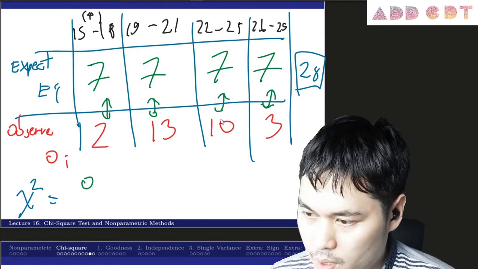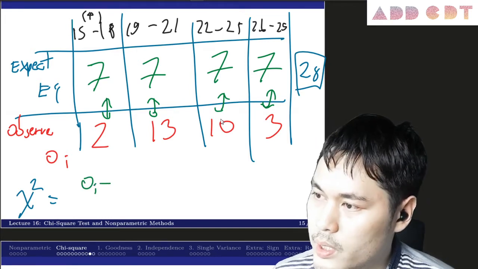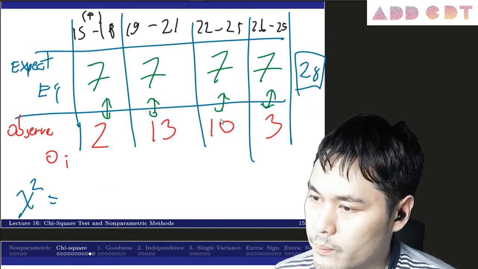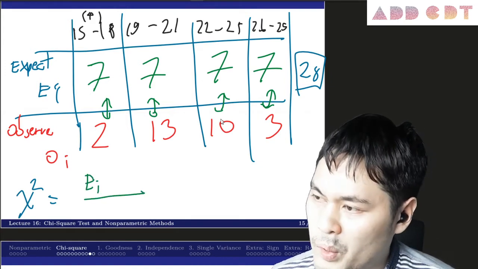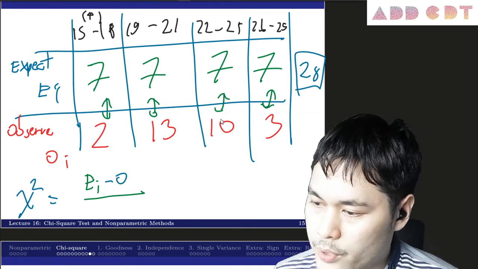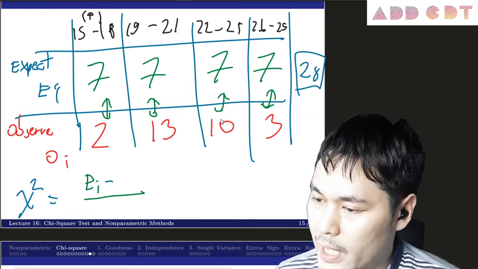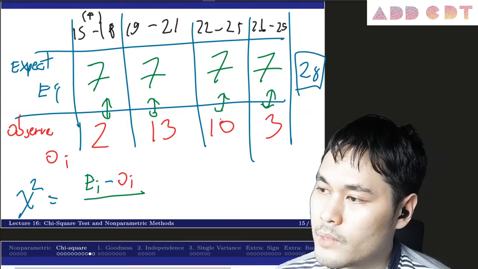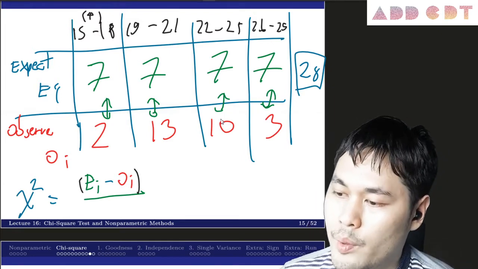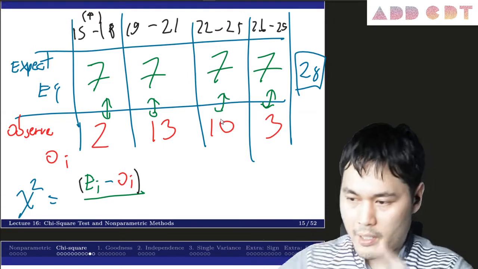The formula is we take the difference between the expected value and the observed value, because we want to see if these gaps are too large.